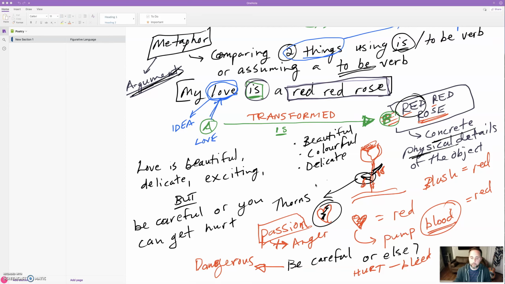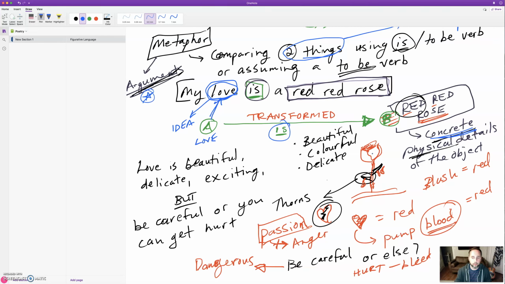And we dealt with this typical, you would even call it a cliche idea of my love is a red, red rose. Okay, so we thought about the idea of the concrete details. The concrete physical details of the object lead us to the meaning of the metaphor that gives us the transformation of the metaphor into an argument.